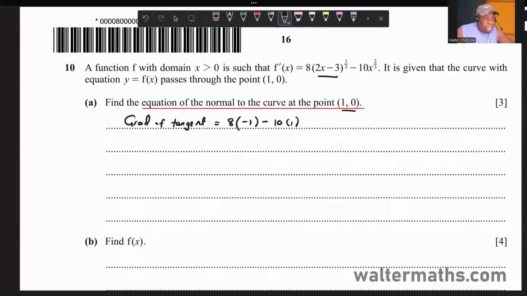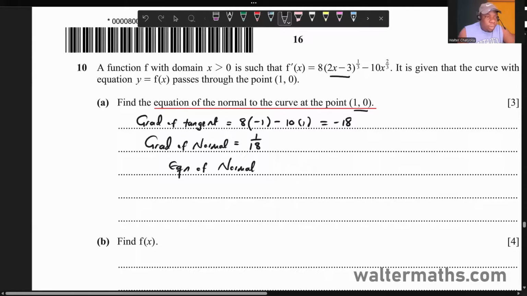So basically that's minus 8 minus 10, which is minus 18, which means that the gradient of the normal is going to be minus 1 over minus 18. So that's just 1 over 18. So for the equation of the normal, we will say that's y minus 0 is equal to m, the gradient, 1 over 18 of x minus 1.